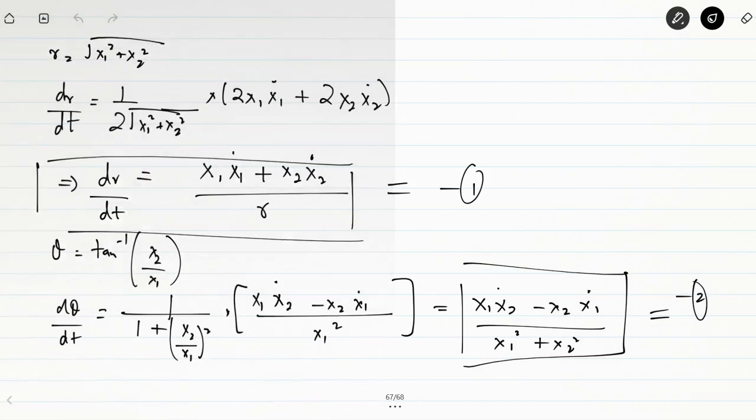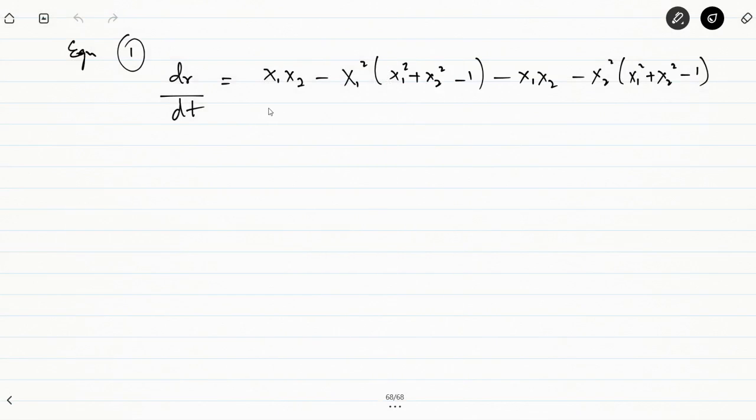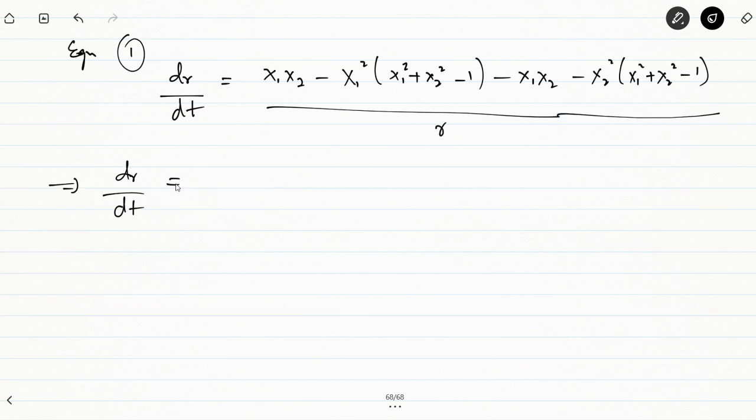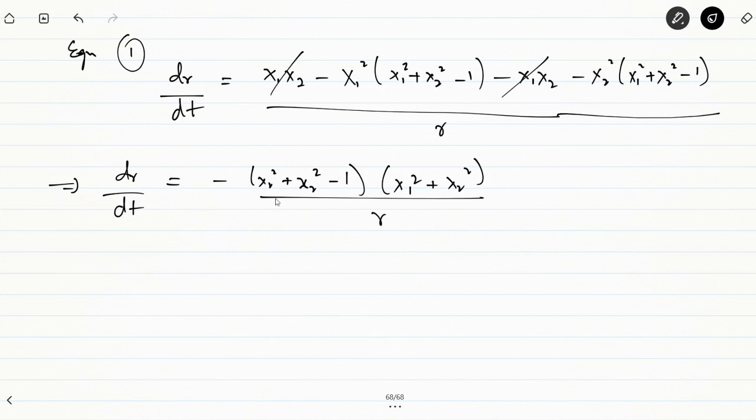Divided by r, which implies dr by dt is equal to minus x1 square plus x2 square minus 1, taking common, x1 square plus x2 square comes inside, divided by r. x1 square plus x2 square is actually r square, that means minus r square minus 1 into r square divided by r, which implies minus r into r square minus 1.